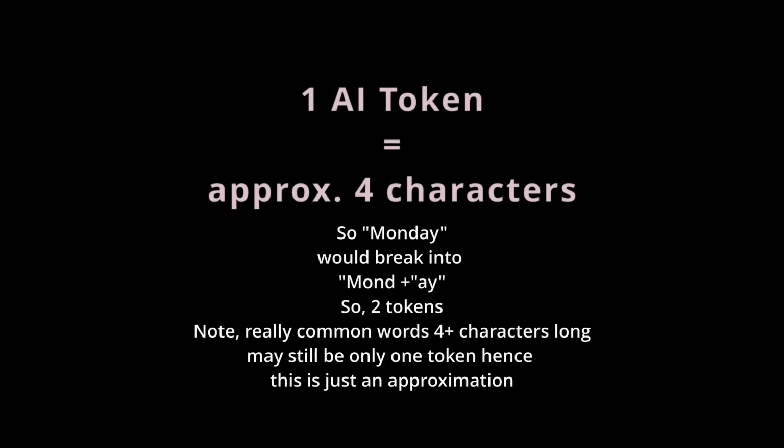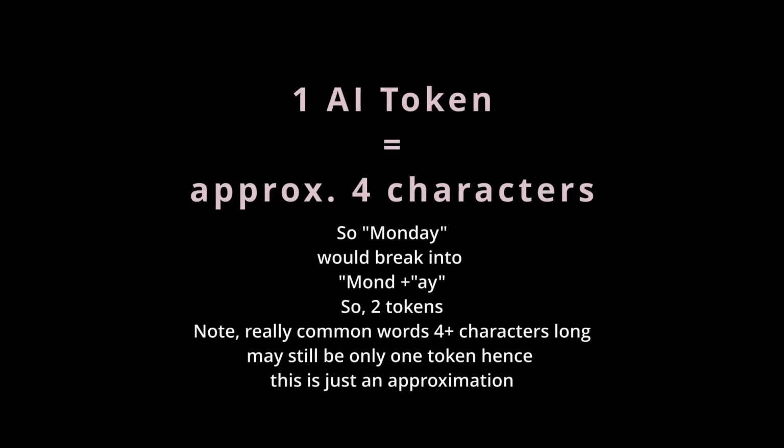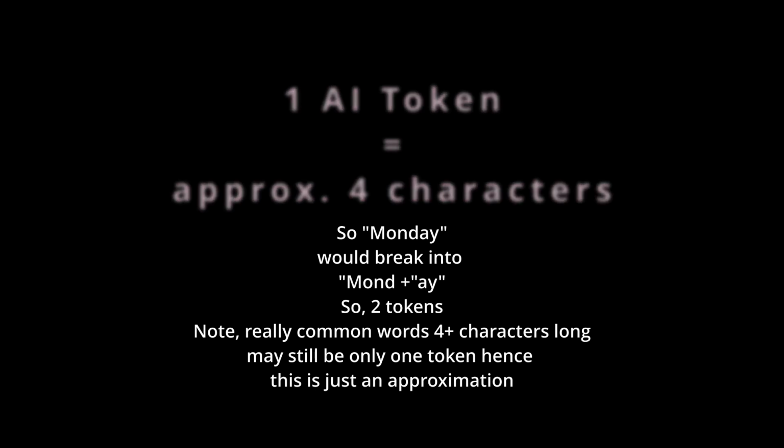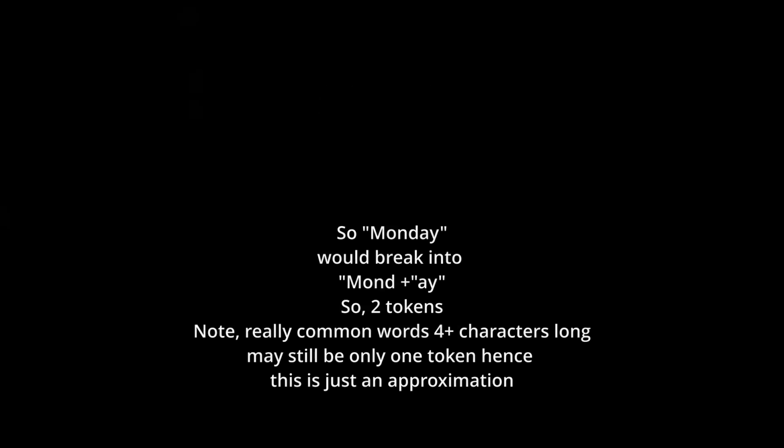And an AI token is on average 4 characters long. So if we took a word like Monday, that's 6 letters, that would probably be about 2 tokens, thinking that the first 4 characters would be the first token and the second 2 would be the final second token. And I want to mention here that this is strictly an average, so it's not a hard and fast rule.